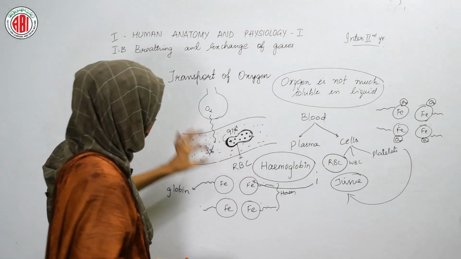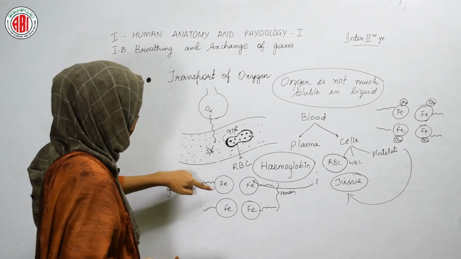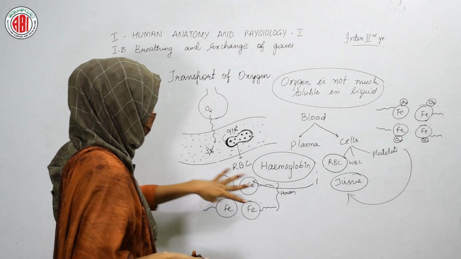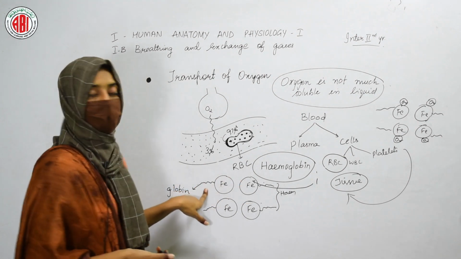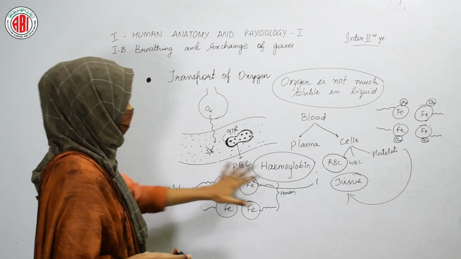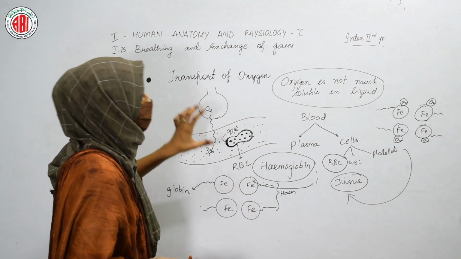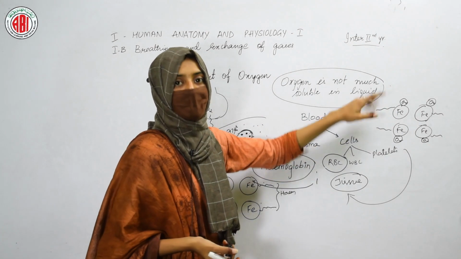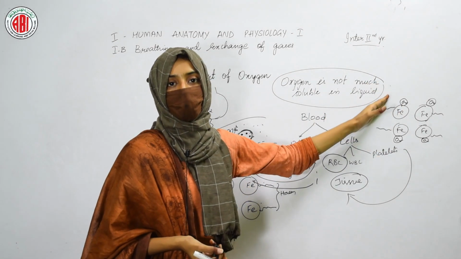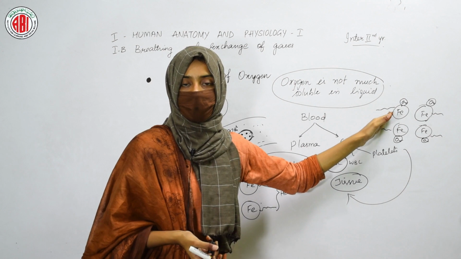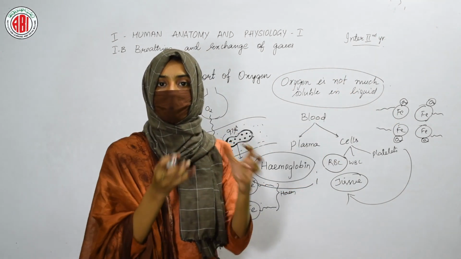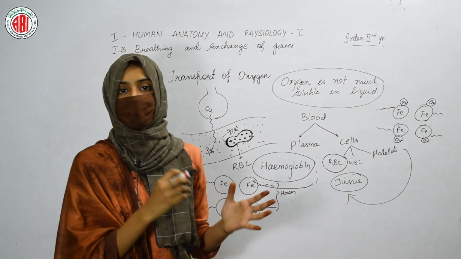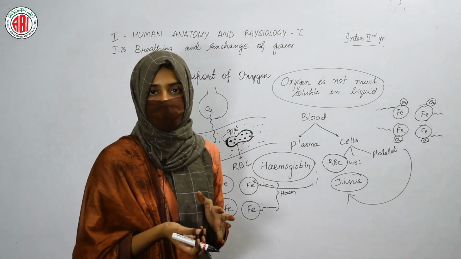Inside the heme group, iron metal is present, and at the surface of all these 4 heme groups, a globin proteinaceous chain is present. This is the structure of hemoglobin. To each heme group, one molecule of oxygen can attach. This is how the binding of oxygen with the hemoglobin takes place, and once the oxygen is bound by the hemoglobin, it is found in the blood capillaries.